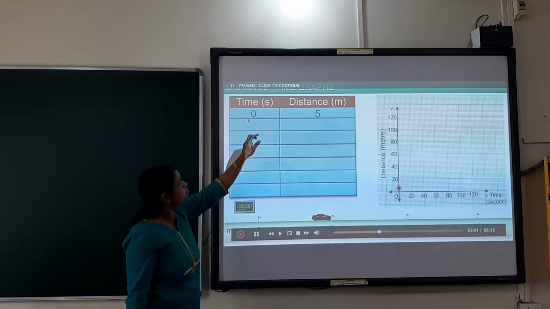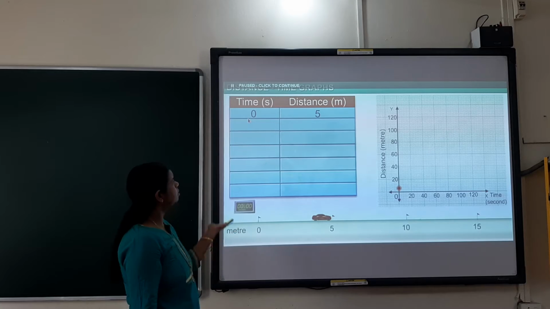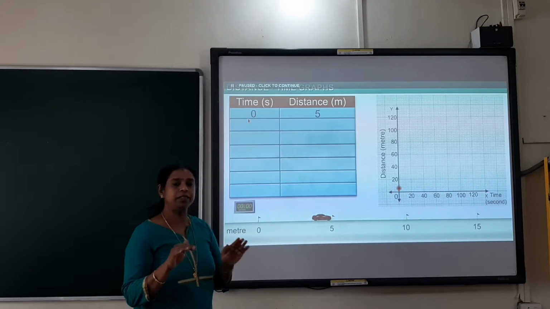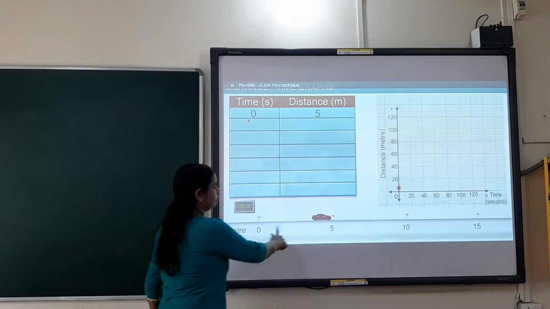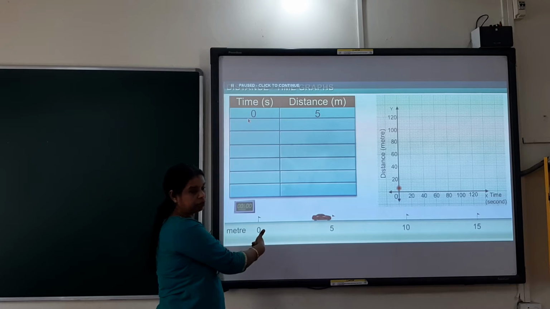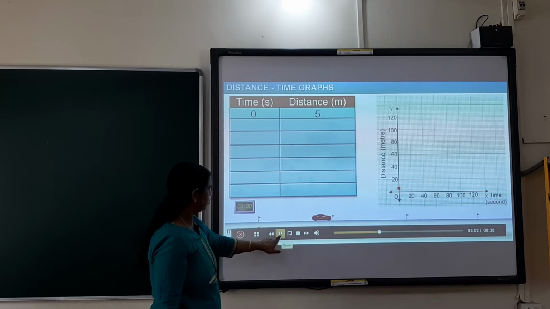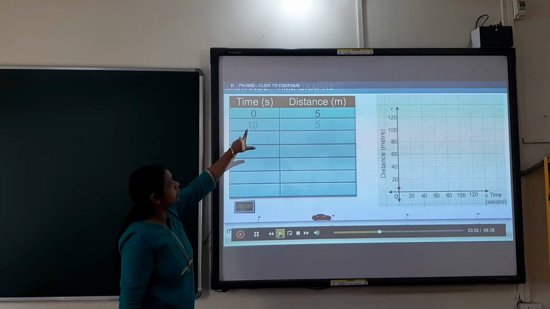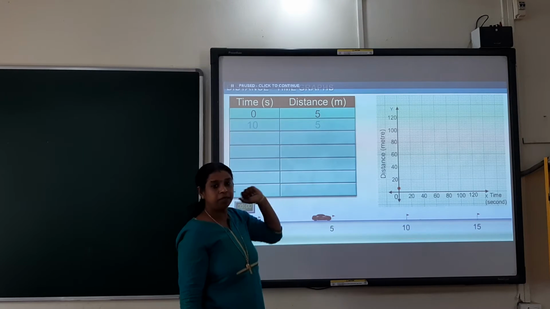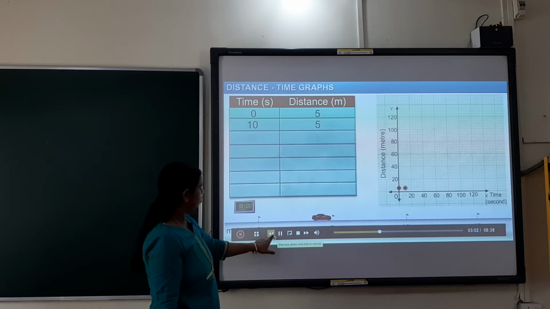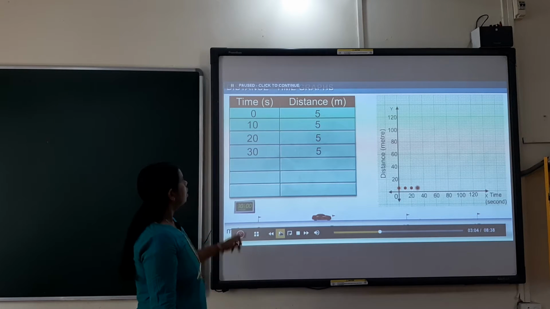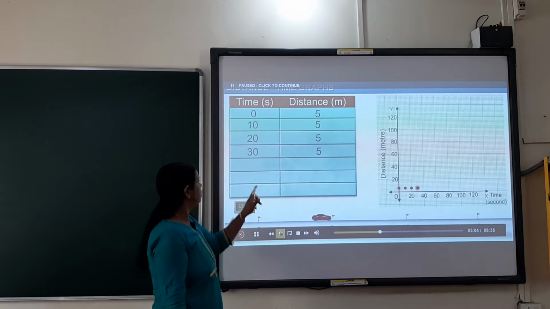Now the next one is 10 seconds. At 10 seconds also, what happens? 5 meter. That means the body is at rest at 5 meter distance. Again at 10 seconds the body is at 5 meter. And at 30 seconds the body is at 5 meter.